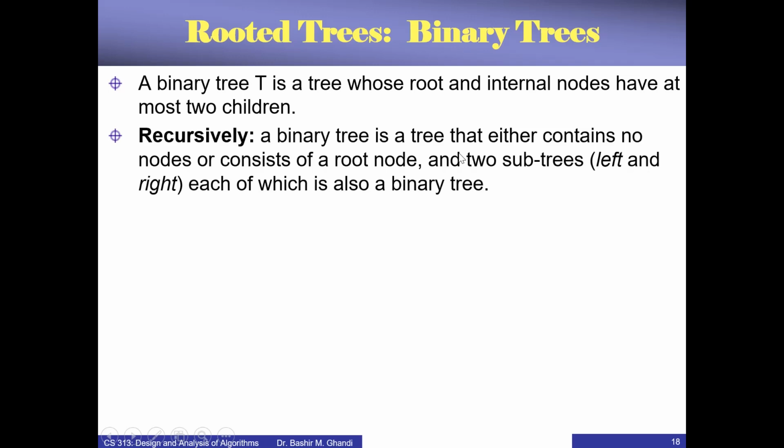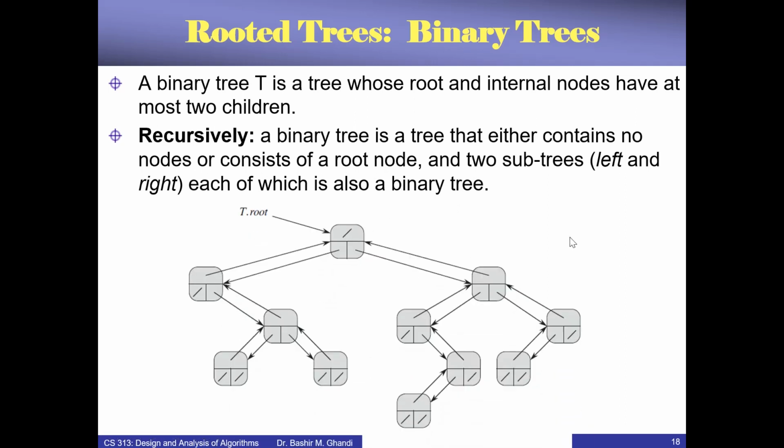This is the recursive definition of binary tree that we know from data structures: a binary tree is a tree that either contains no nodes at all, meaning it is empty, or it consists of a root node and 2 subtrees, left and right, each of which is also a binary tree. So you can define a binary tree in terms of binary tree. Now, binary trees can also be null. So you can actually have a leaf node and so on.